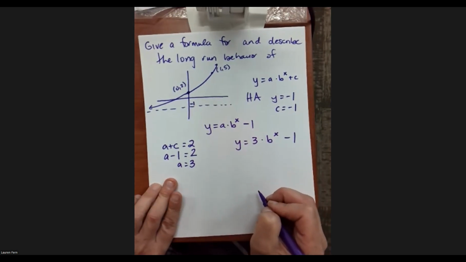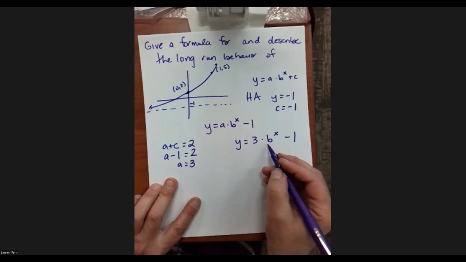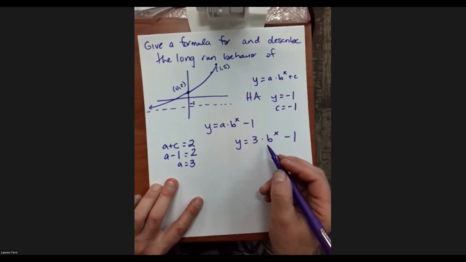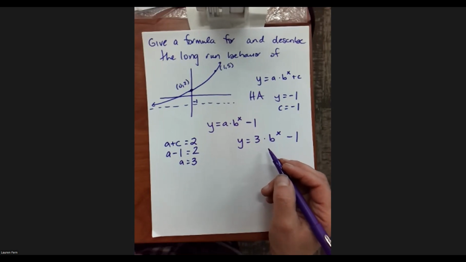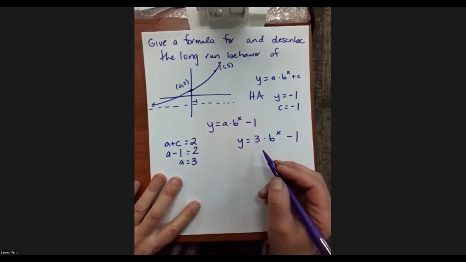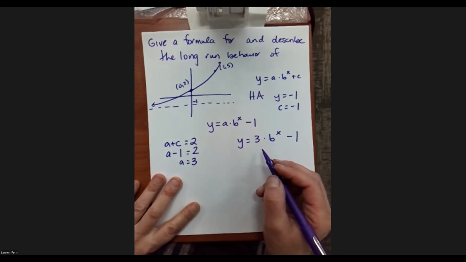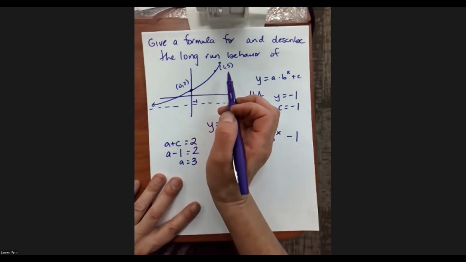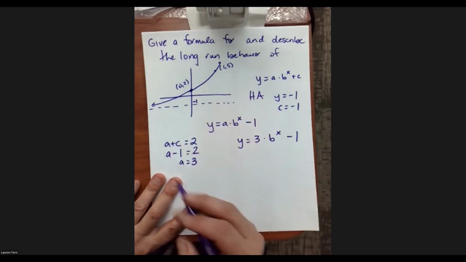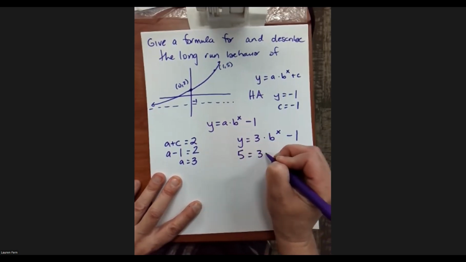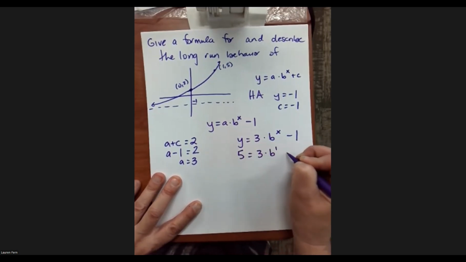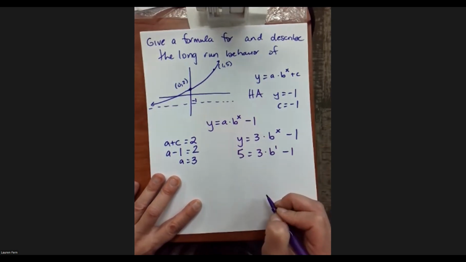What do we need to find? We've got to find B. Well, what is the one other piece of information we have not yet been given, that we have not yet used? This ordered pair of 1, 5. So let's plug it in. 5 is equal to 3 times b to the first power minus 1.